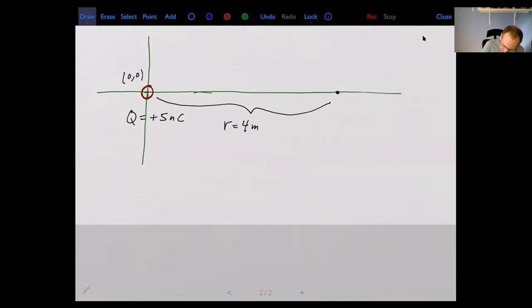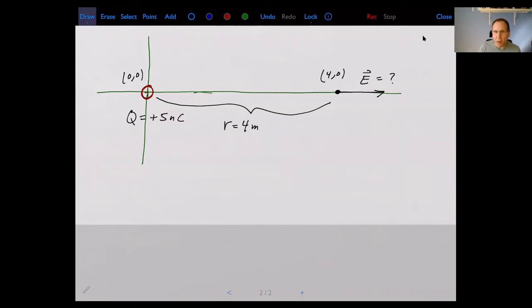And the place I want to measure the electric field at has coordinates 4, 0. So that radius, that R, is equal to 4 meters. And I know that the electric field is going to go outward, because it's a positive charge. And I want to figure out what that electric field is.